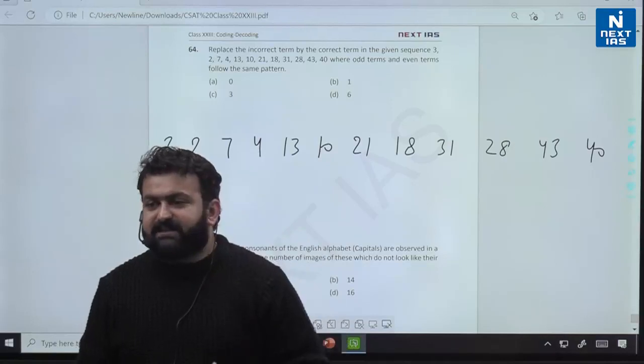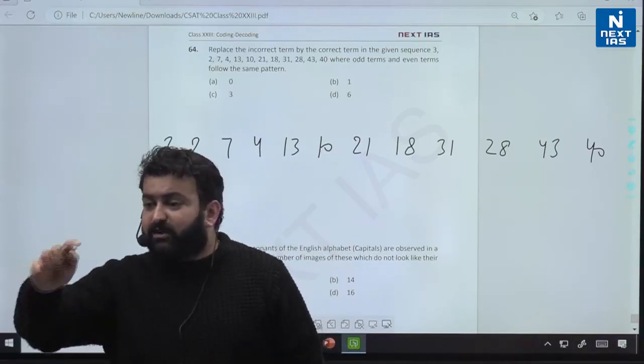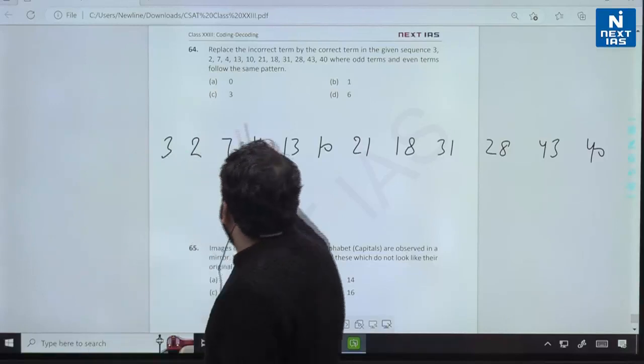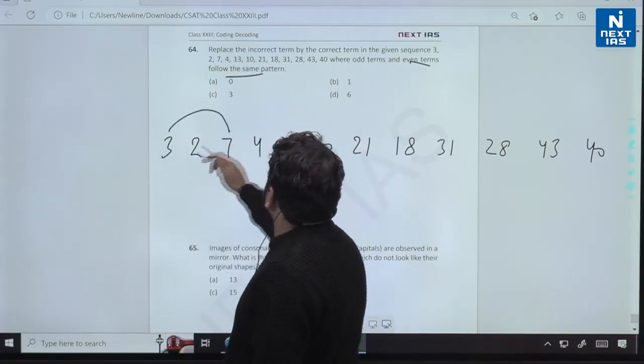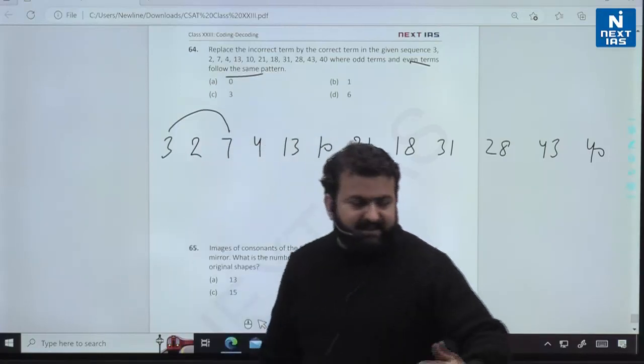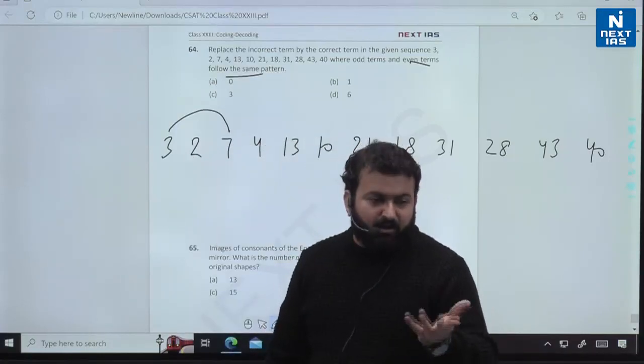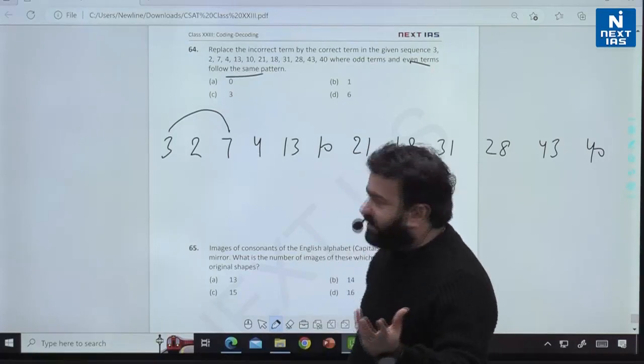All of you remember here it is saying odd terms, so it means it is talking about the position. So odd terms, first, third, fifth, seventh, ninth, this is the meaning of odd terms. Okay, so position it is talking.